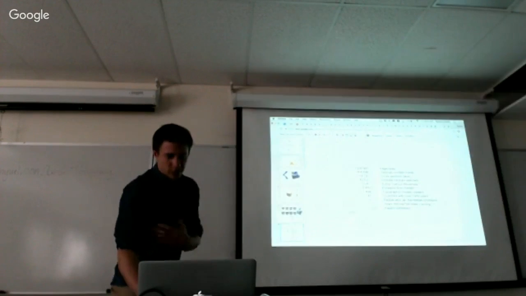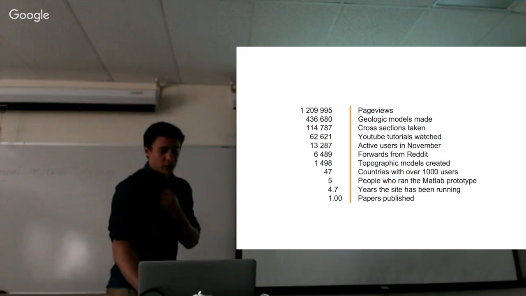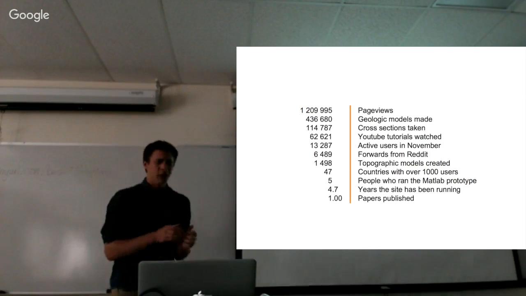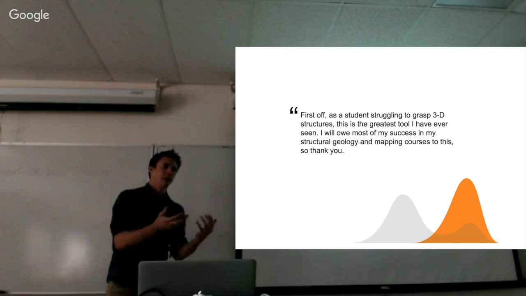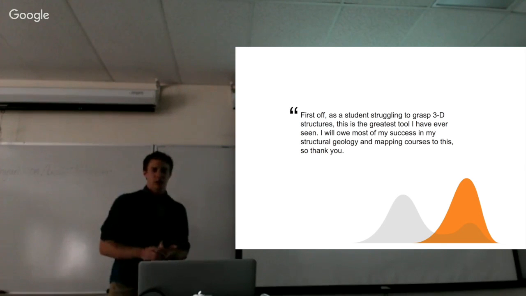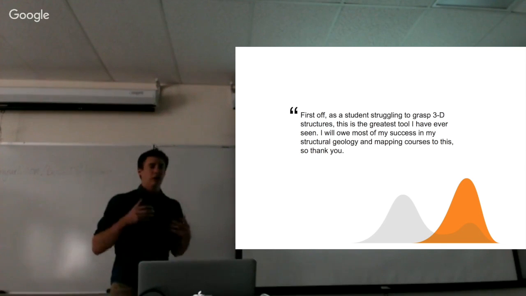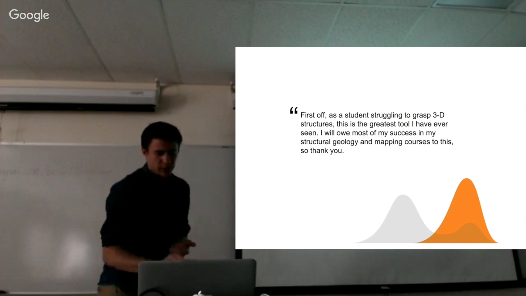This has seen a lot of use over the past few years, but really it's trying to change that bimodal distribution by providing people tools to actually see, visualize and explore those things.